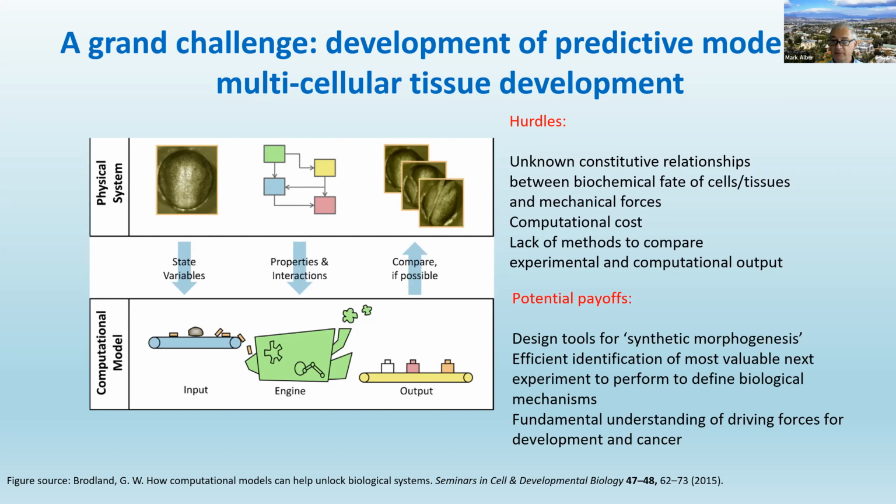We do the same, and I'll try to explain what exactly we do for comparison. But payoffs are huge. One target is synthetic morphogenesis, as I mentioned. That was also one of the goals of having this workshop at Leiden University a couple of years ago. We might have another one. That one was online. So as soon as we come up with a date, I'm inviting everybody to join us at that workshop again.